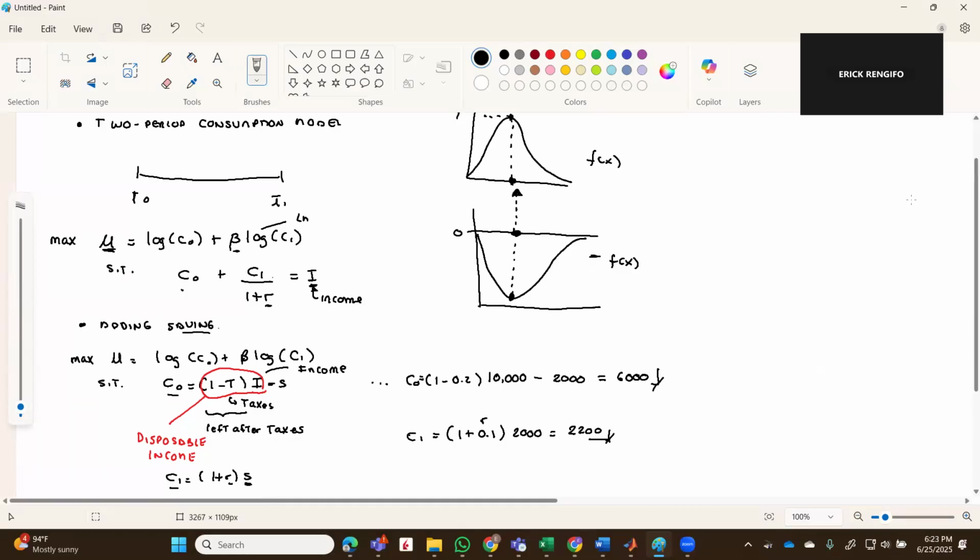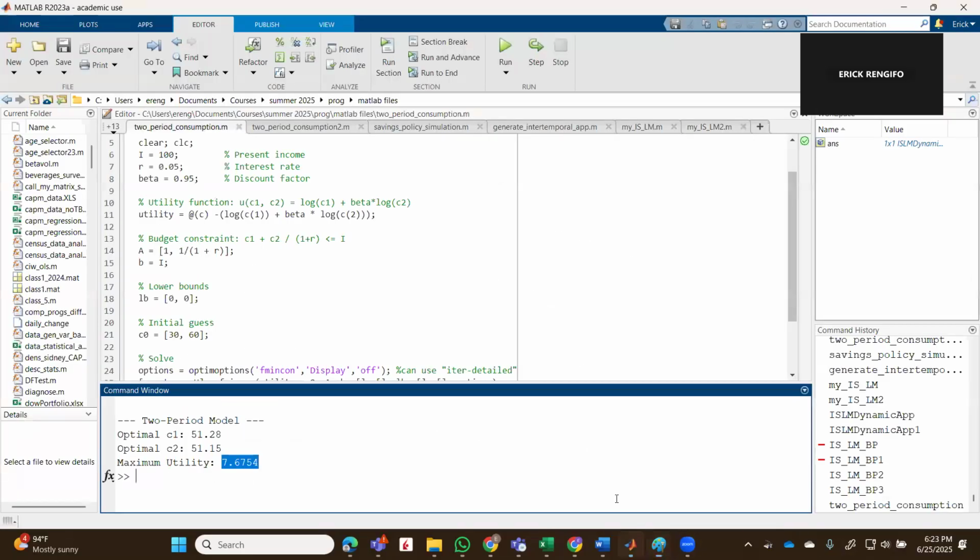Yes. Okay, so now analyze your MATLAB file that is called two-period consumption 2. 3 minutes to analyze that. Let me show you first this one here.